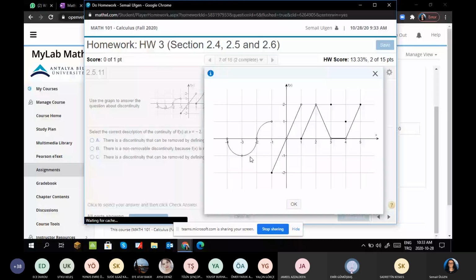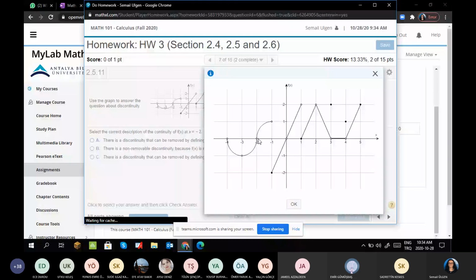What is failing in the continuity test so that this function is not continuous at -2? We had 3 conditions. 1, it has to be defined at that point. Number 2, the function has to have a limit. And number 3, the limit of the function at that point has to be the same as the value of the function at that point. This is the continuity test. And here, at -2, the value of the function is not defined.